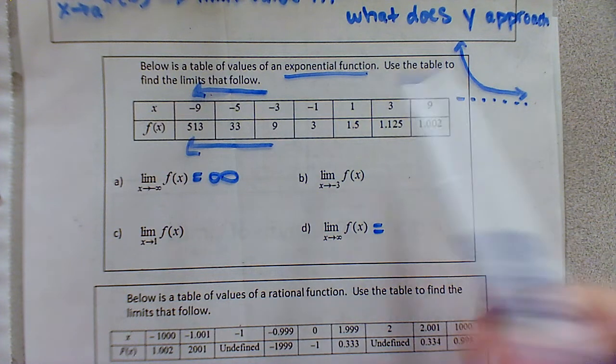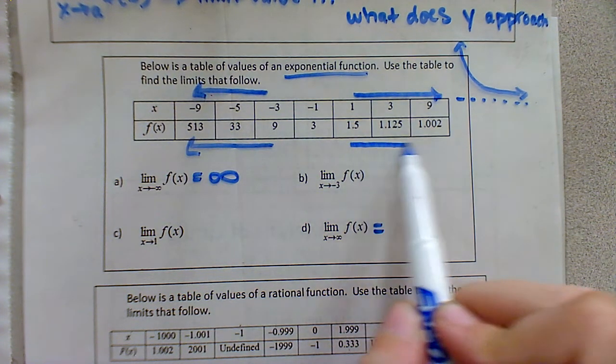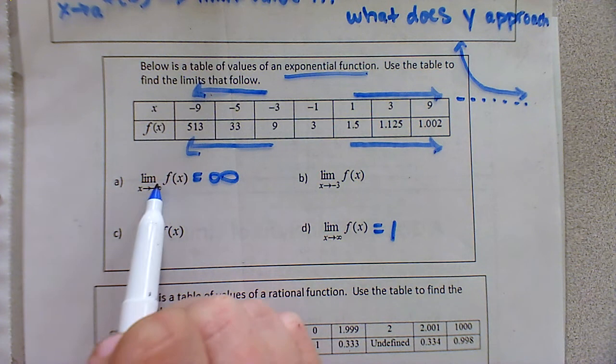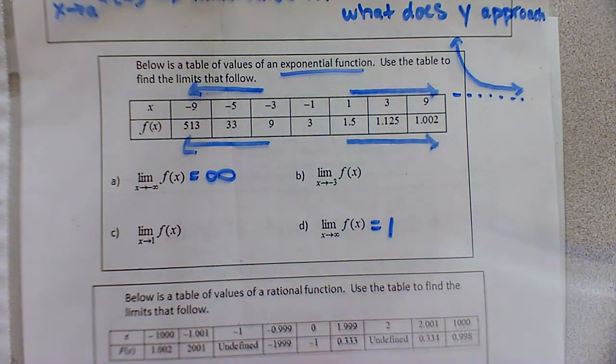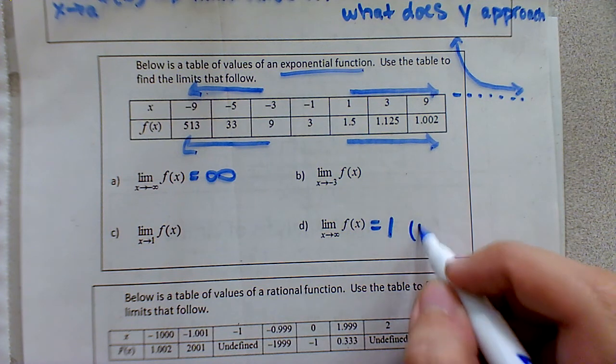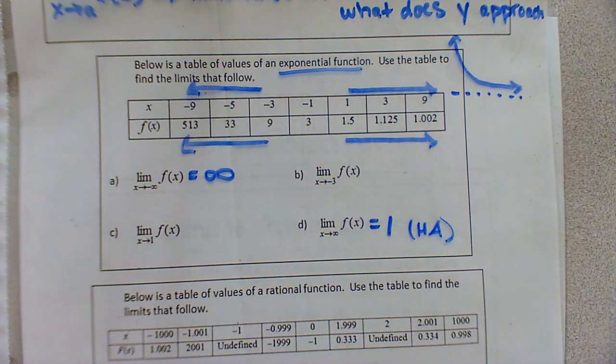As the x's approach positive infinity, so the further we go to the right on the table, it looks like the y values are getting closer and closer to 1. So both of these are representing your end behavior. Notice how on the left-hand side the graph goes up forever, whereas on the right-hand side the graph is approaching 1. This is signifying that horizontal asymptote.